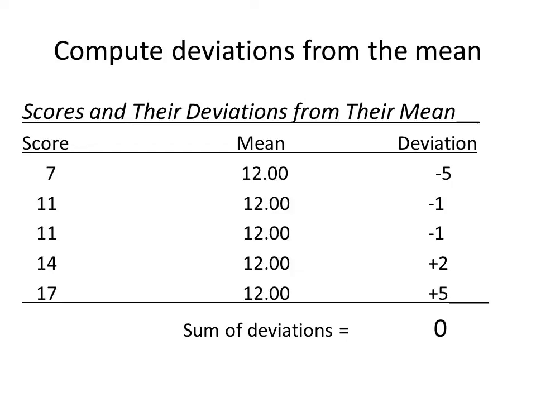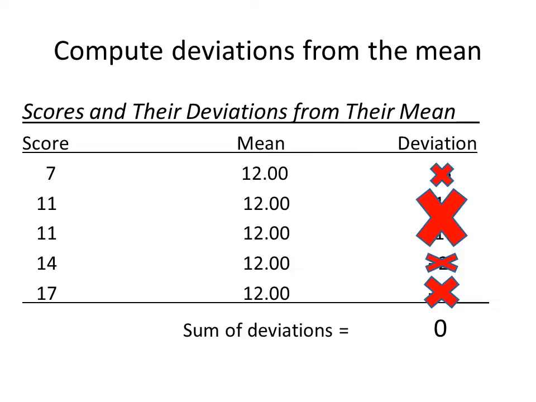Now, if we are looking at this, we can add these up, and sometimes it is difficult to do that. But what we can do is we can simply count these out. So once we have completed all of the calculations, the sum of the deviations is 0.